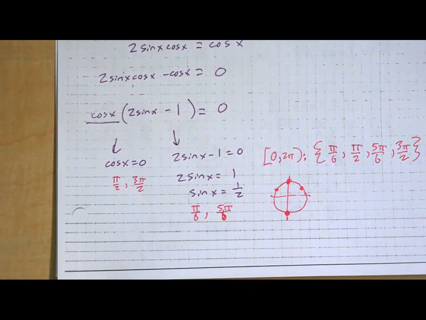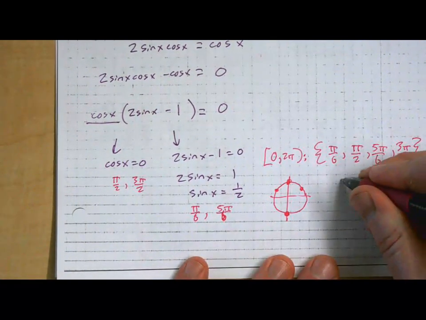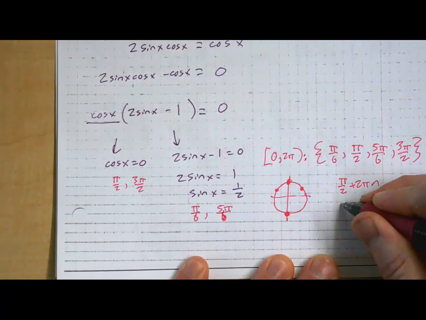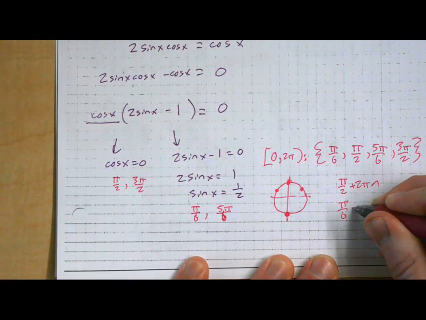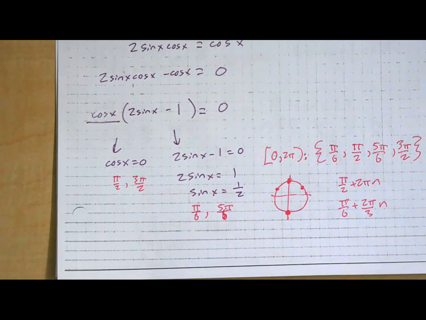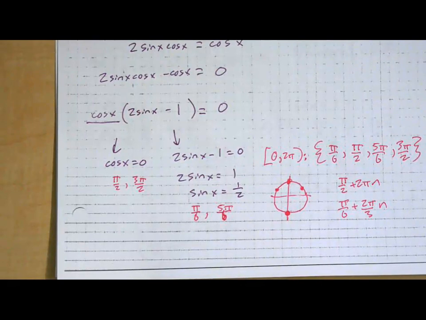Ooh, how about this? Pi over 2 plus 2 pi n. And pi over 6 plus 2 pi over 3 n. That's wacky.